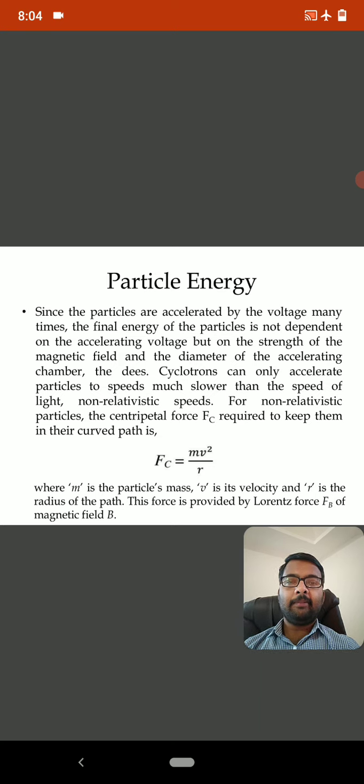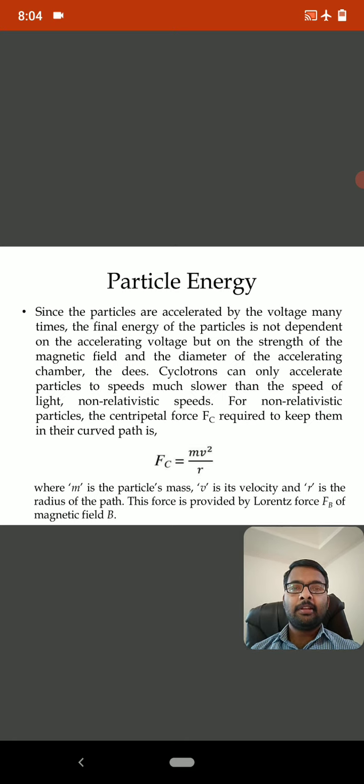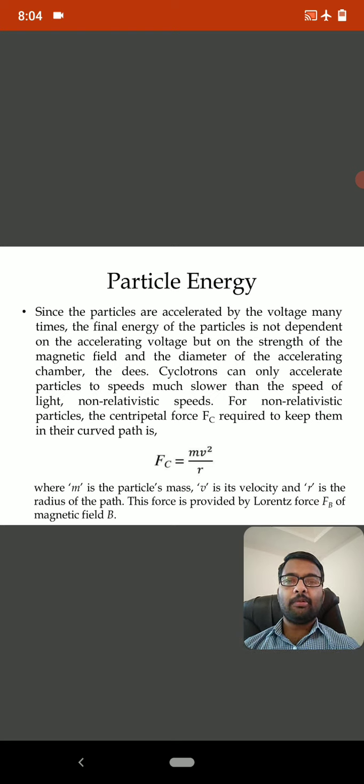So we will derive the relation for that. The energy is dependent only on the strength of the magnetic field B and the diameter or the radius of the accelerating chamber, that is the 2 Ds. Cyclotrons can only accelerate particles to speeds much slower than the speed of light, that is non-relativistic speed.